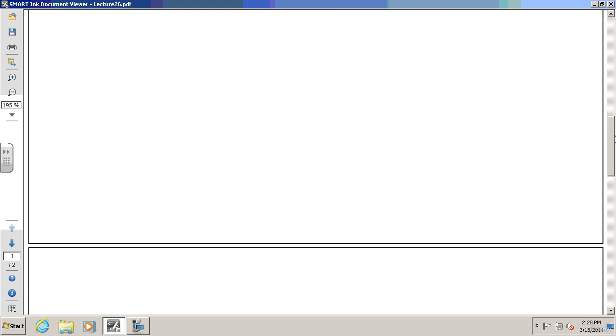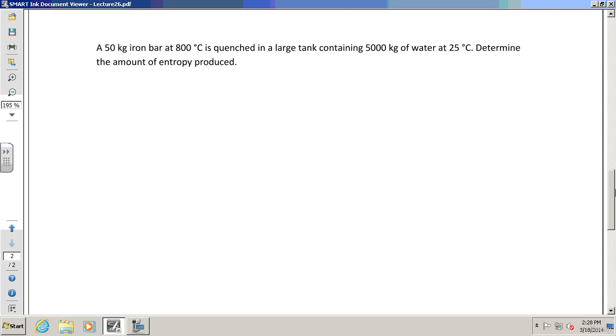Let's go through an example. All right, so we've got some kind of bar of iron. It's 50 kilograms, fairly large, yes. And it's at 800 degrees Celsius.